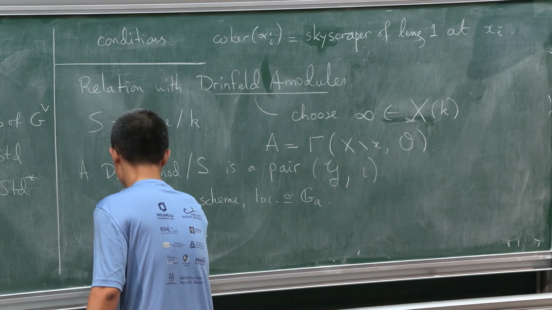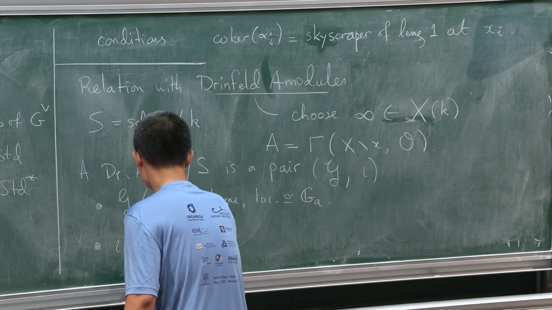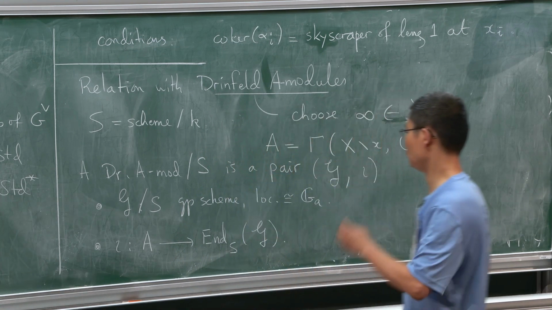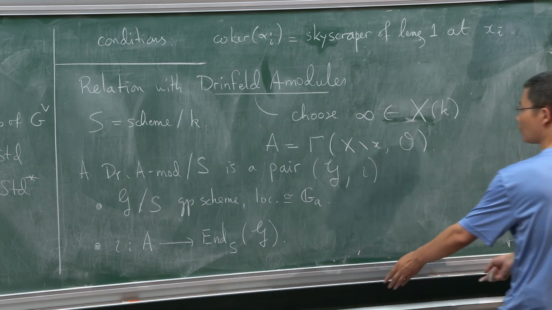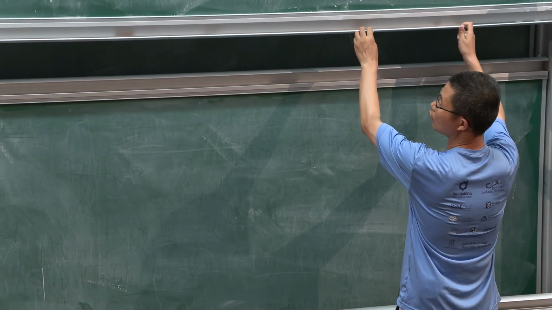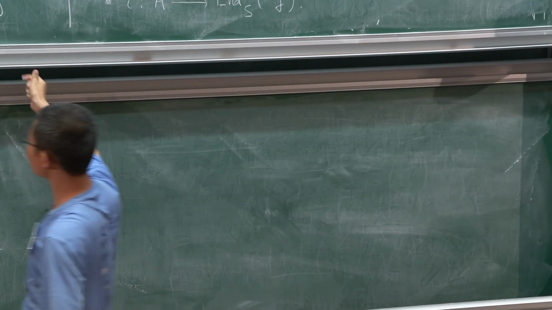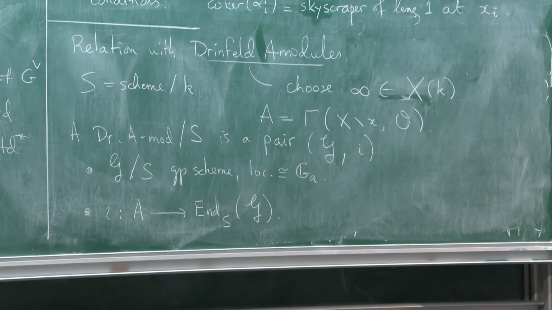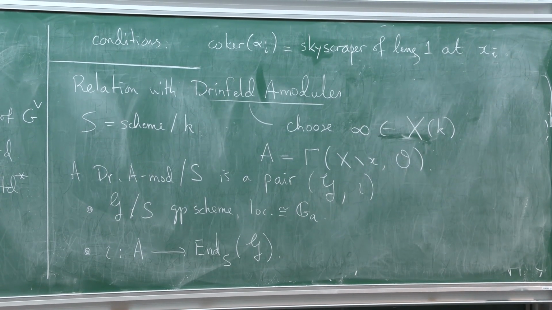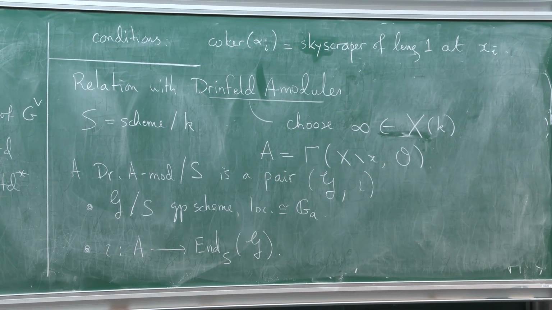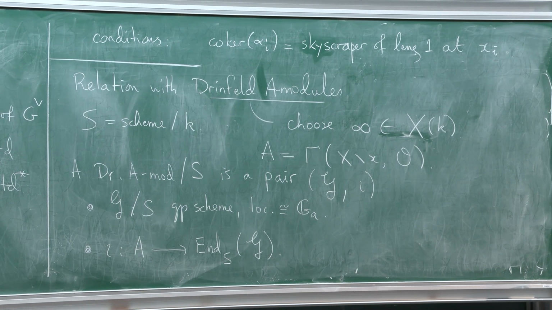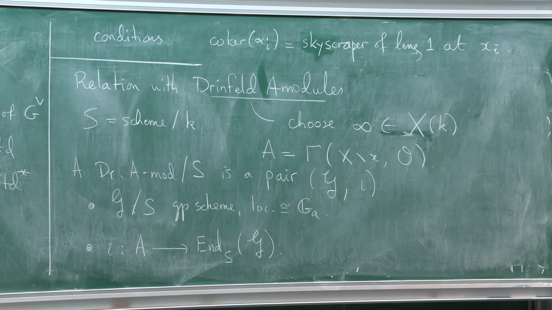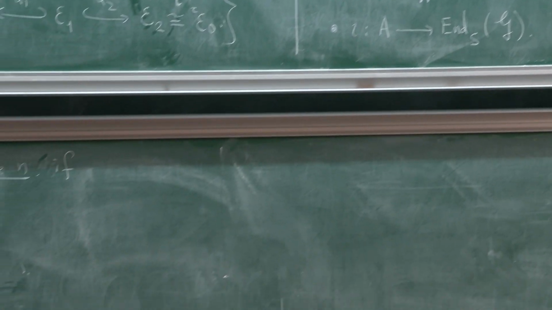And iota is an action of A on this group scheme. That's the data. And a condition. So this is a Drinfeld module of rank n if it satisfies the following condition.